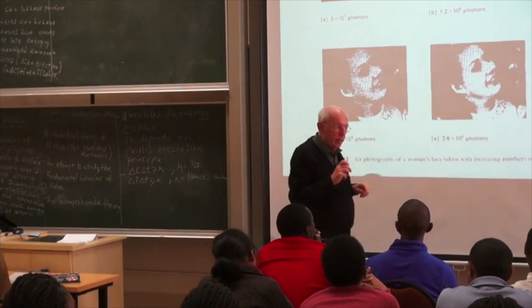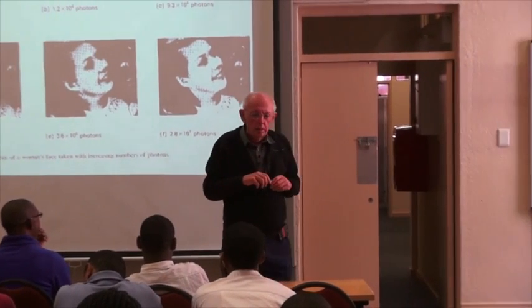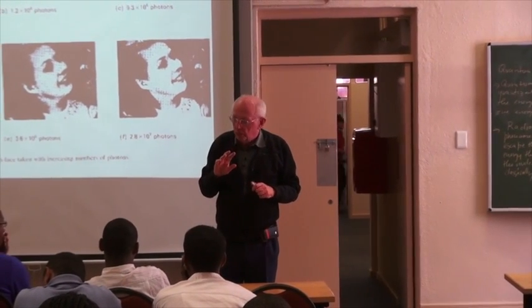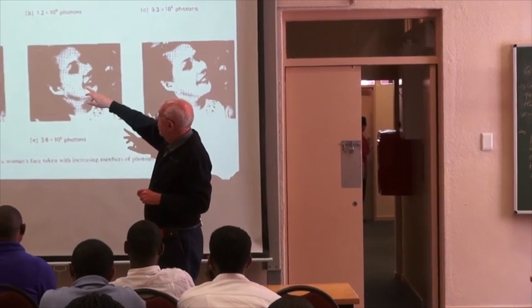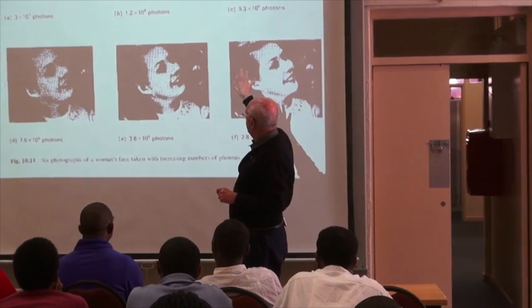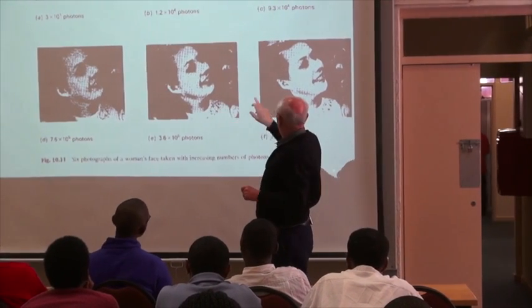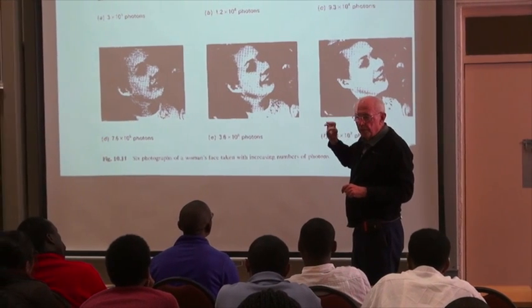So the language which I want to put to it is that with 3,000 photons, the probability of getting a photon in a specific point is still very small.